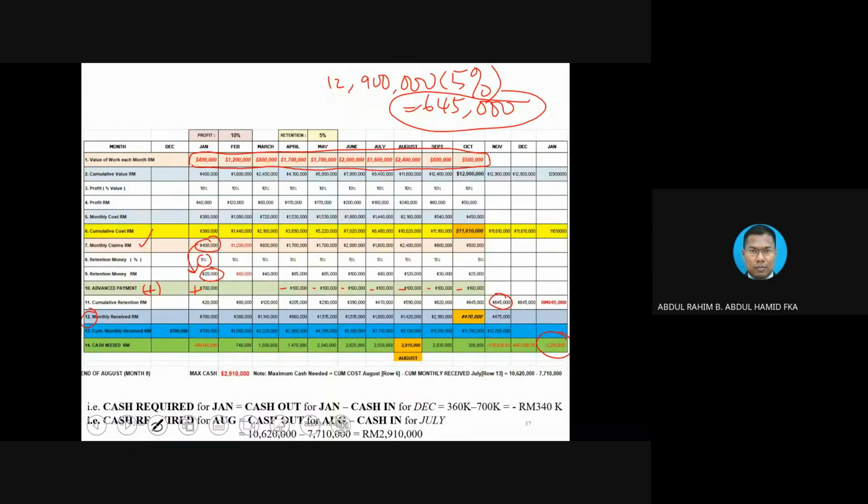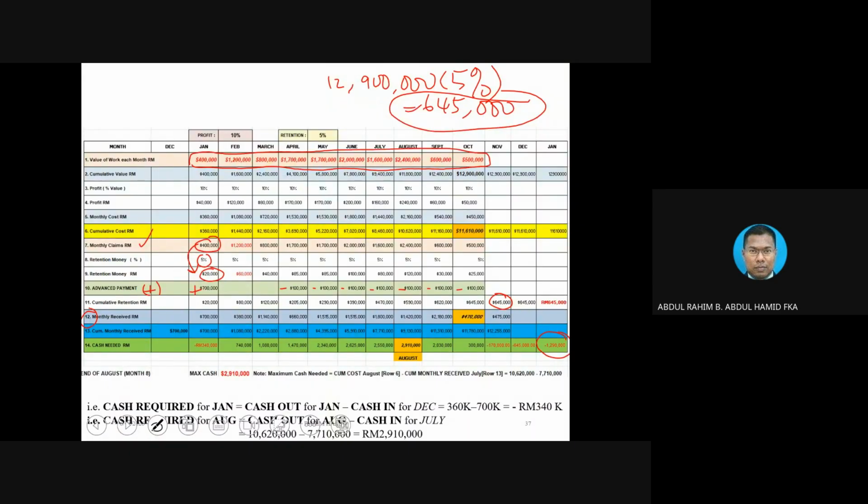Okay, this is a very important row, number 12, very important row. Row number 13 is the cumulative. So before we can come into row number 13, we must establish row number 12 first. So this is the key row. So how do we get this amount into this row?